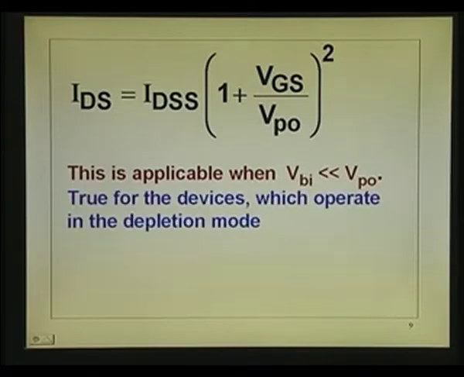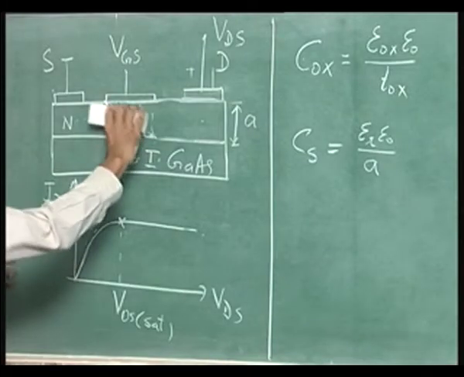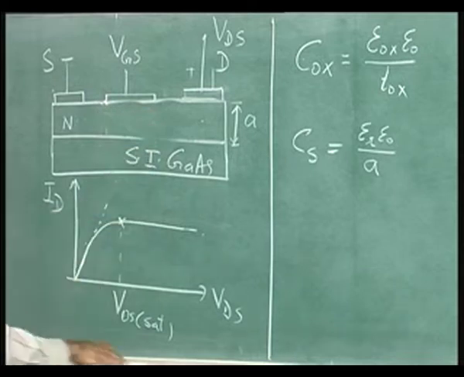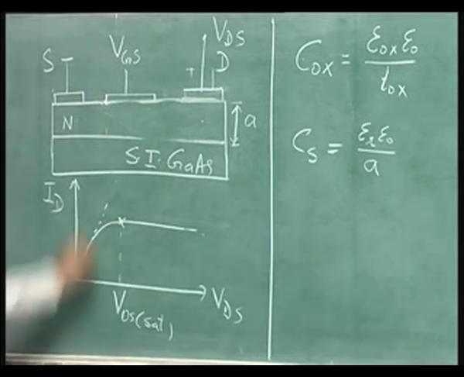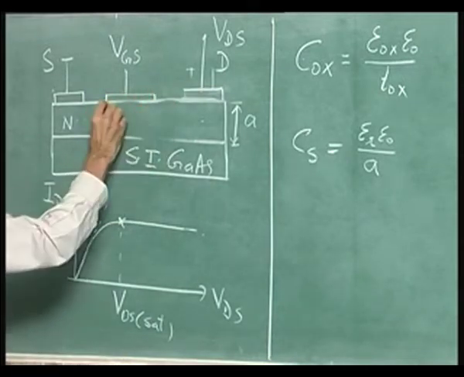So, this is true for devices which operate in the depletion mode. Understand? Because when VBI is small, the depletion layer width is small.